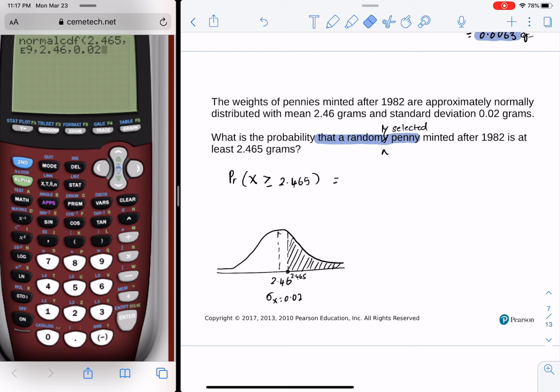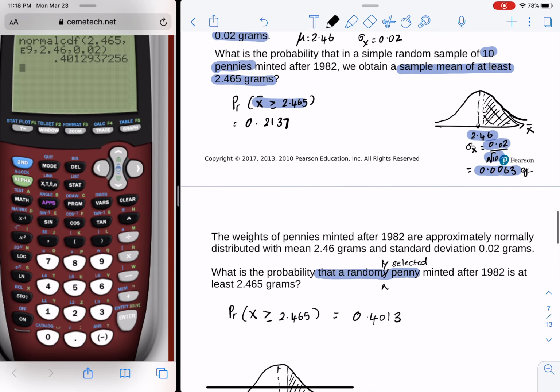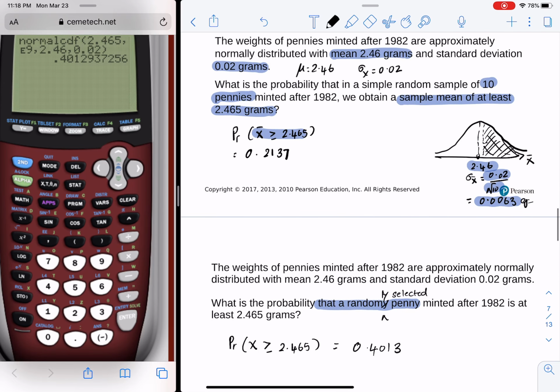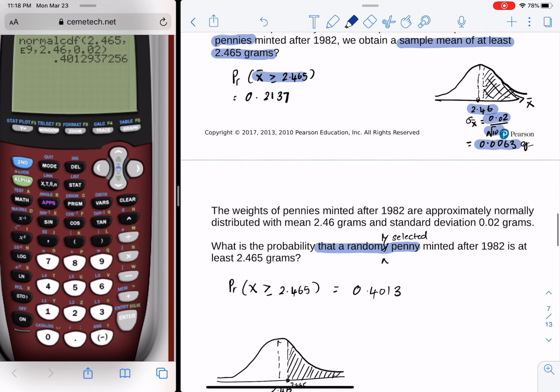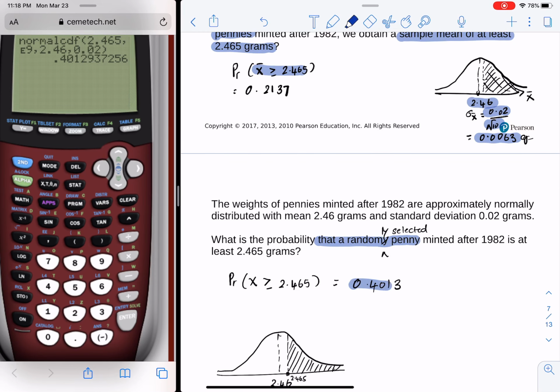And the probability here is 0.40129. In contrast to the previous answer that we had, which is 0.2137, I want you to notice the difference between the previous probability and this one.